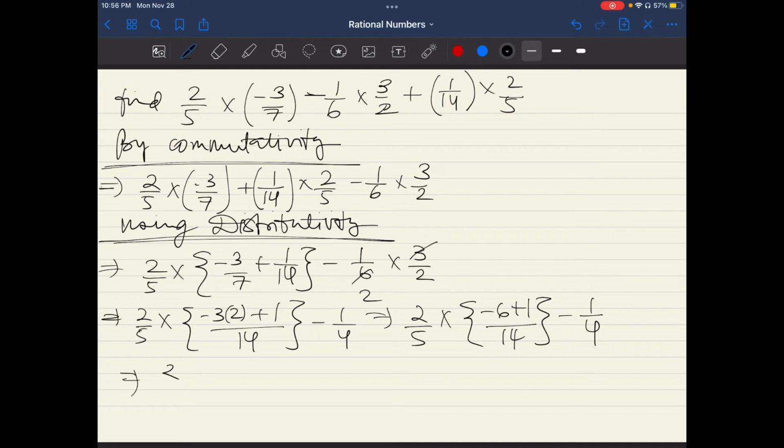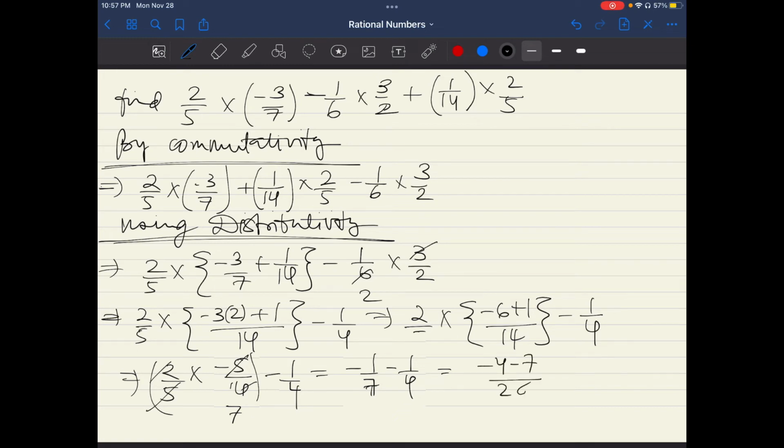And now when we simplify it, 2 over 5 times minus 5 over 14 minus 1 over 4, which turns out to be minus 1 over 7 minus 1 over 4, which equals minus 4 minus 7 over 28, equals minus 11 over 28.